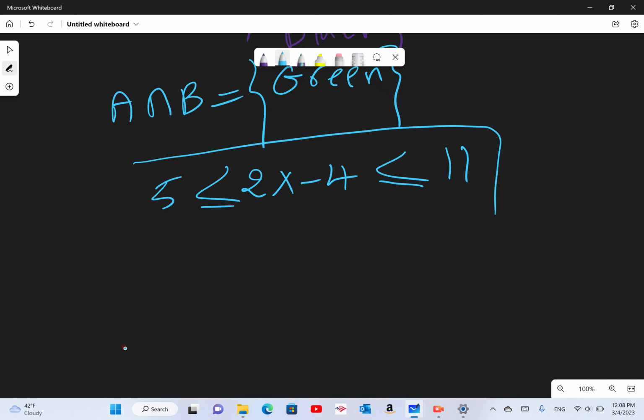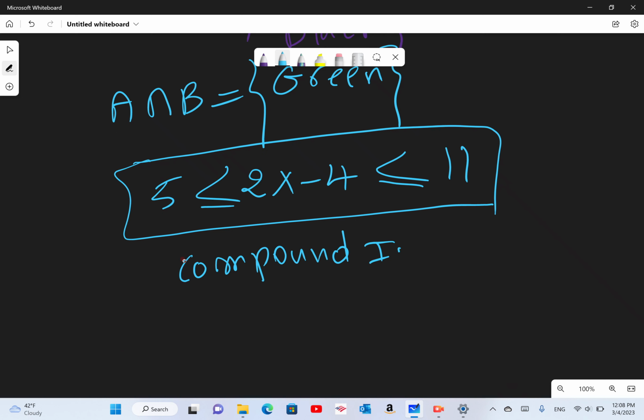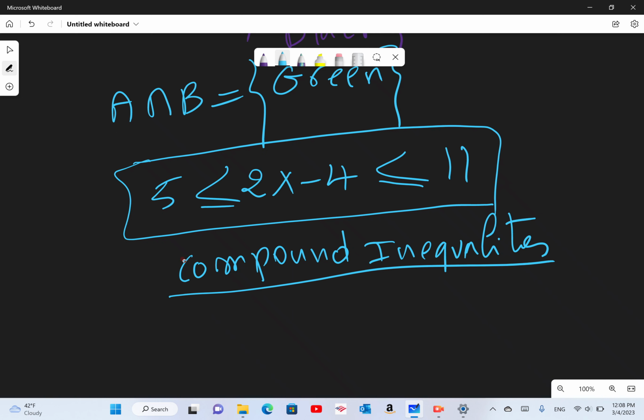We're going to learn how to solve these kinds of inequalities. They are called compound inequalities. This intersection and union will help us understand the solution of compound inequalities. And I'll see you in the next video.